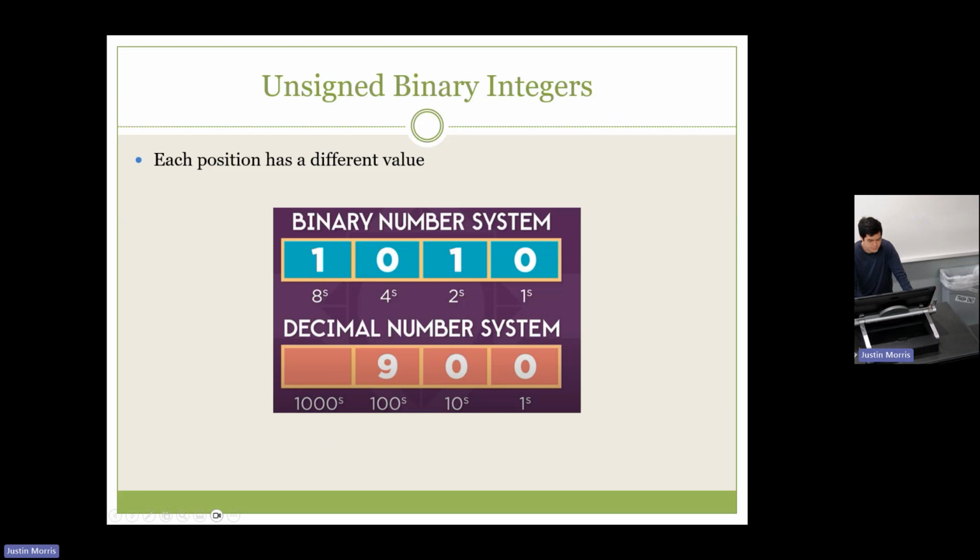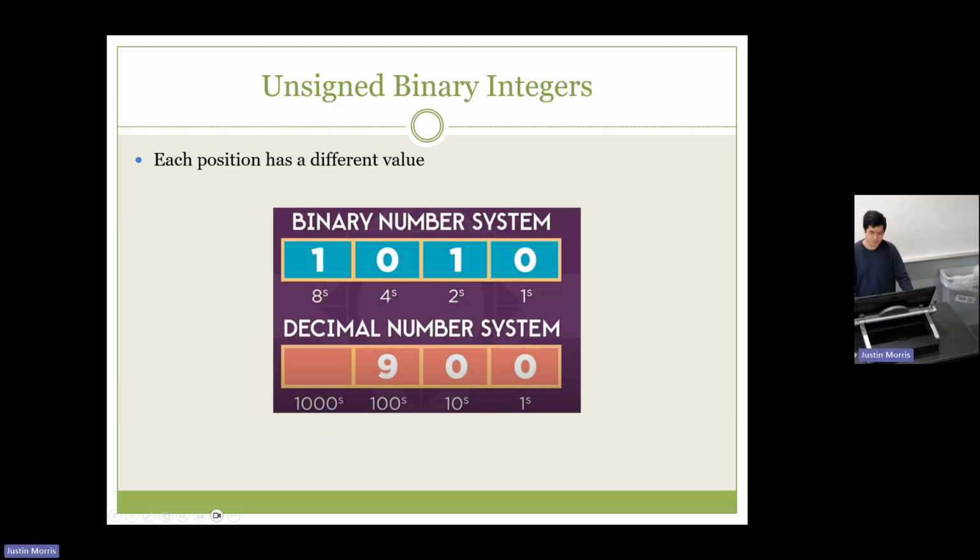So the first position is just 2 to the 0, whereas in decimal, it's 10 to the 0. So it's really just indicating the ones place. But the ones place in binary only goes up to 0 or 1.